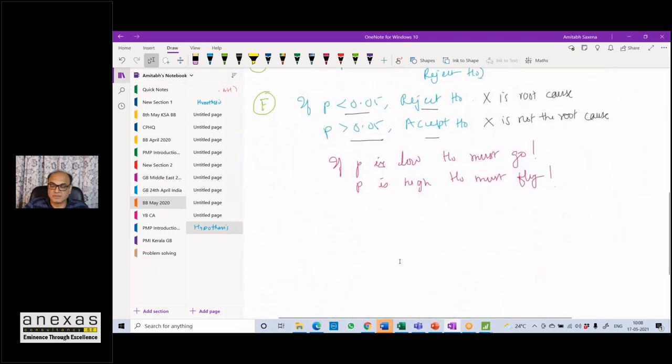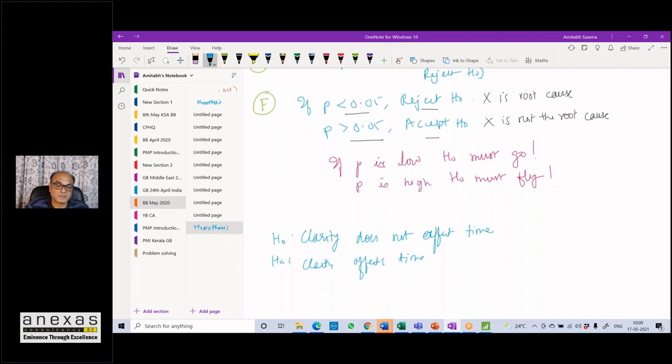The null hypothesis is that X does not impact the Y. That means clarity does not affect procurement time. That is my null. The alternative is clarity affects the time. That is our alternative hypothesis.